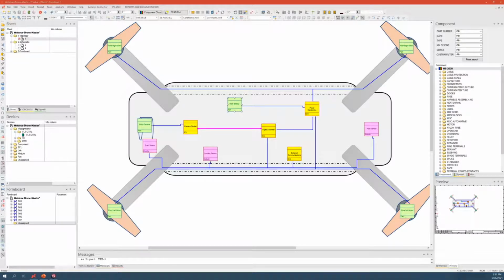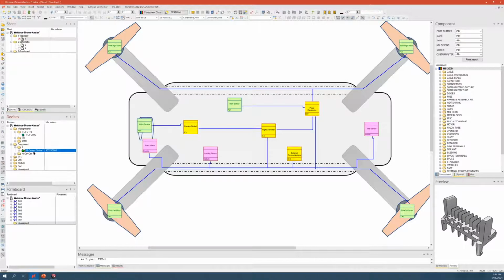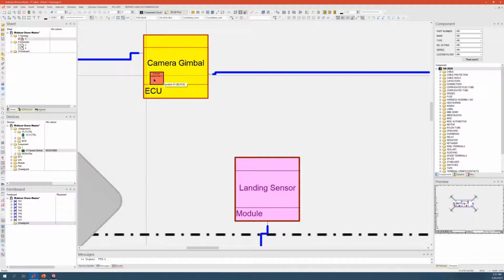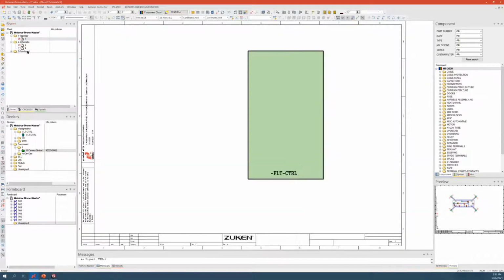Now, how do you take that information and get that into a schematic or detailed design? So let's take a look at the schematic. What we have here are a few components. So we said we have a J1 connector, which is on our camera gimbal, and we can drag and drop that to just make sure that we know, okay, there's a camera gimbal over there, and we can place that in the schematic. But before we do that, we do have a flight control board.